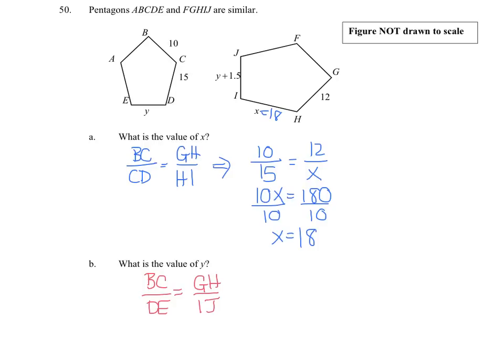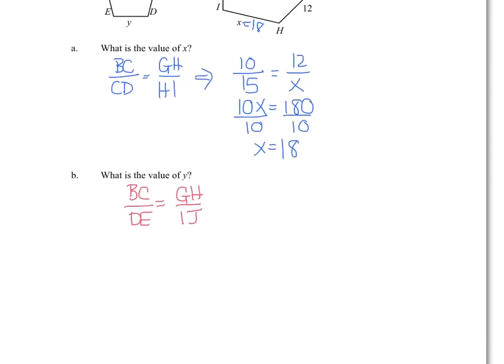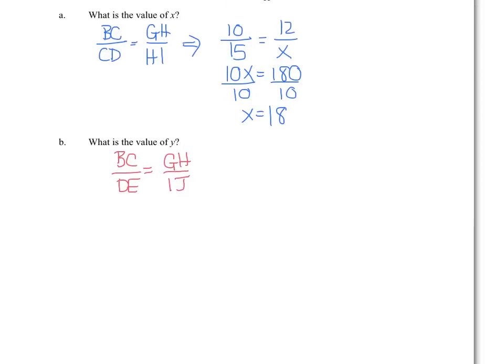They must be corresponding sides, but we have BC over DE and GH, which corresponds with BC, and IJ, which corresponds with DE. If I fill in the numbers, we have BC is 10, DE is y, GH is 12, and IJ is y plus 1.5.